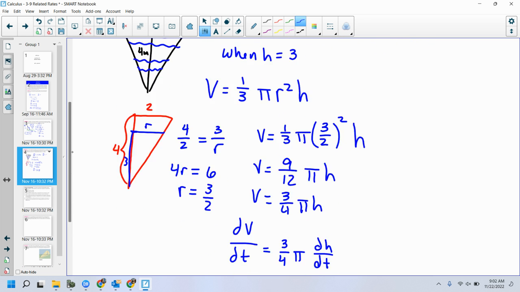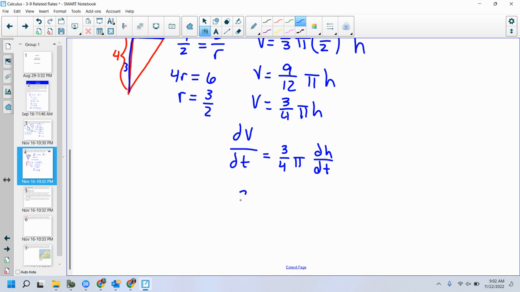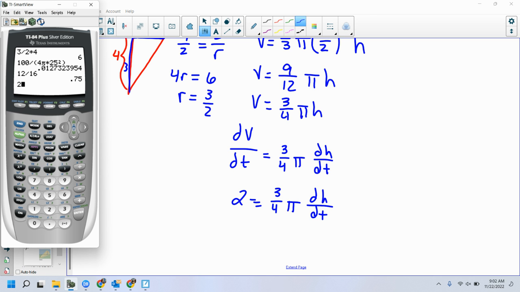Yeah, I do. It's 2. Yeah, this is going to be fun. 2 is equal to 3/4 pi dh/dt. So we solve for dh/dt. We say 2 divided by 3/4 pi, which is 0.8488.